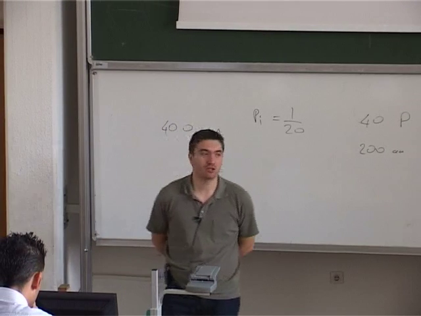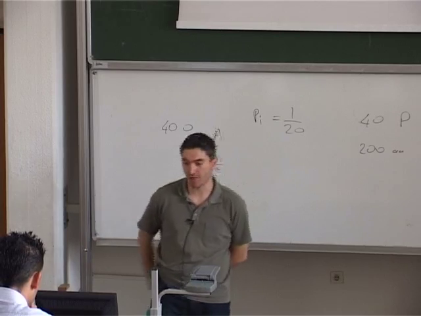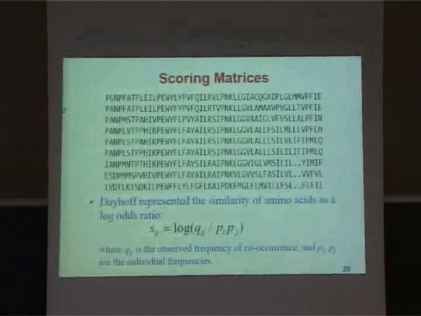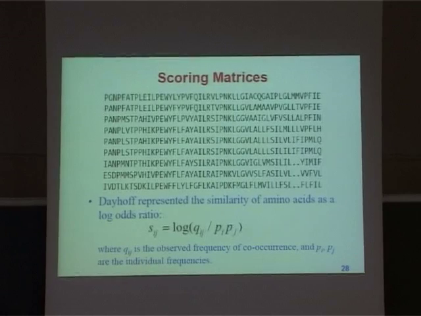But what is the actual occurrence of these together in a column? You just simply count how many times P and L occur together. This is your Qij, and the ratio of the observed occurrence to the expected occurrence of these two together is your likelihood ratio of mutation of P to L.